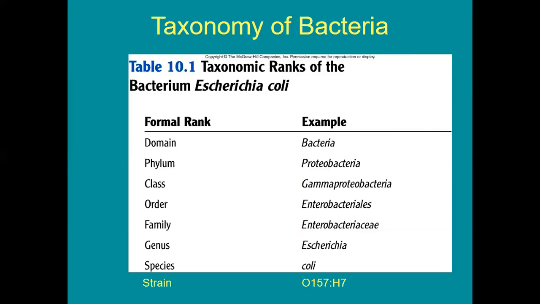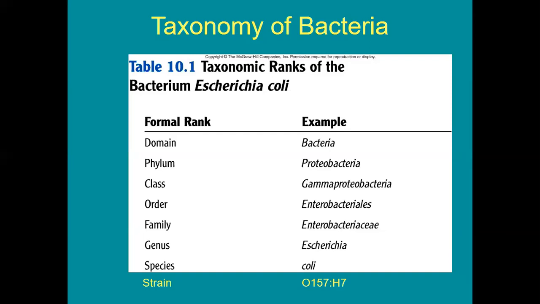What is the taxonomy of a bacteria? A taxonomy of a bacteria means the domain being the bacteria. Then you have a phylum. You should know the hierarchy. So from domain to phylum to class, order. You can be very clear that whenever you write about order, it ends with -ales, like Enterobacteriales. When it's a family, it is -aceae, Enterobacteriaceae.